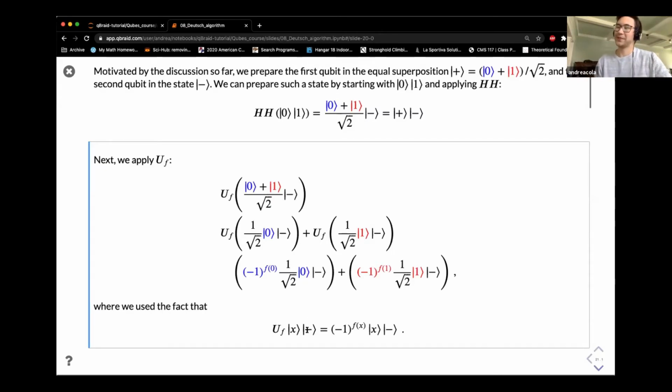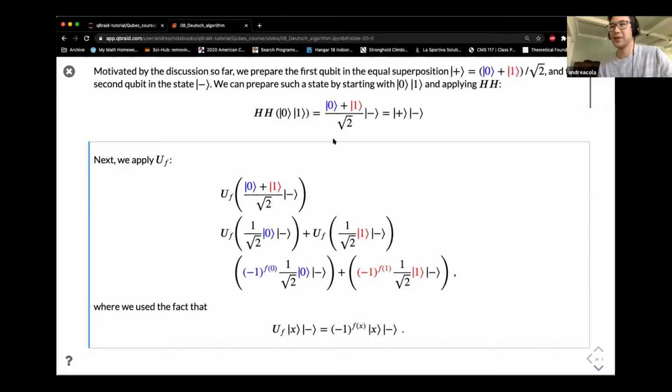When we put the second qubit in the ket minus state, U sub f applied to ket x and minus leaves it essentially the same, x minus, except for a global phase that comes at the front. This was the second approach that we tried earlier, and now we're using that calculation that we did before.